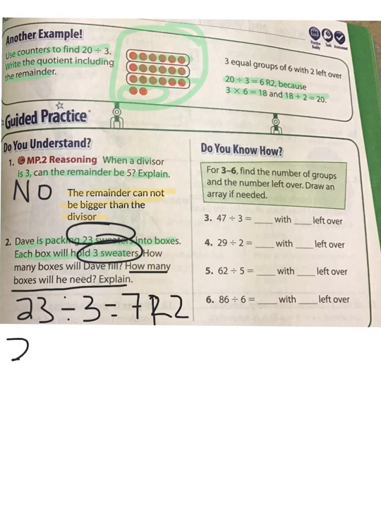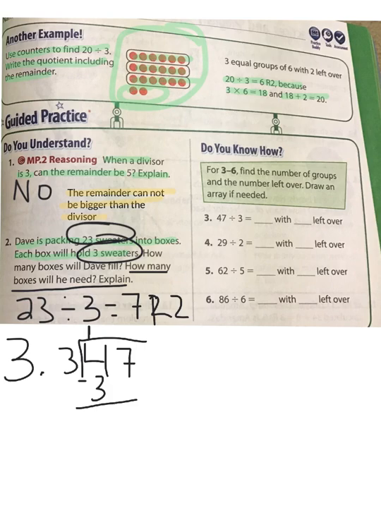Number 3, I'm going to do it down here, and I'm going to write it the traditional way. I have 47 divided by 3. I'm going to write 47 and then put it in a bracket with 3 on the side. I know that 3 goes into 4 one time, and then we're going to multiply. 3 times 1 is 3. We're going to subtract the difference because 3 times 1 is not 4, it's 3.